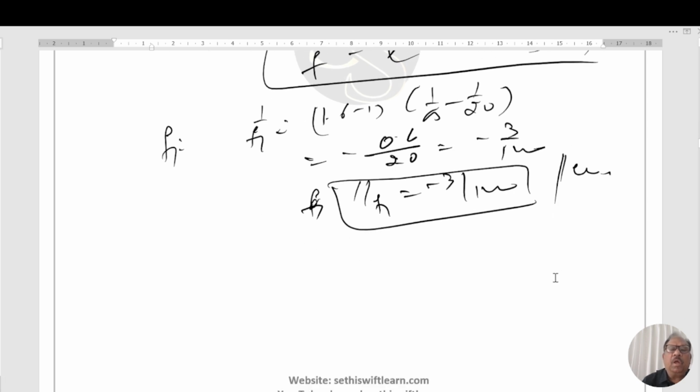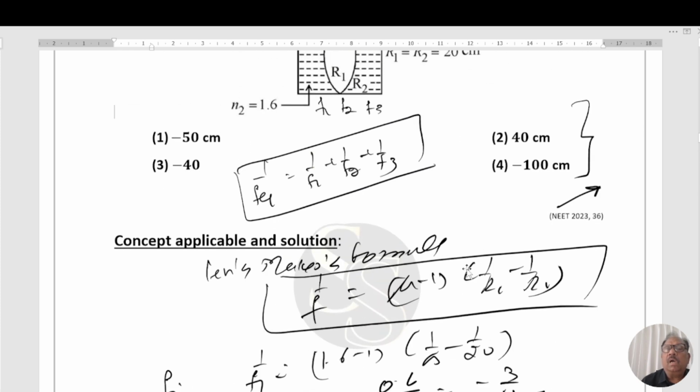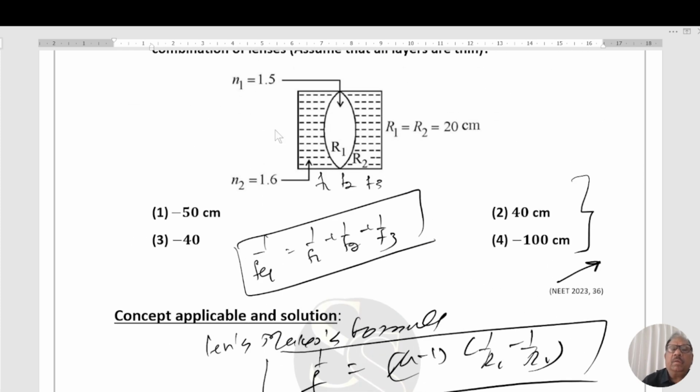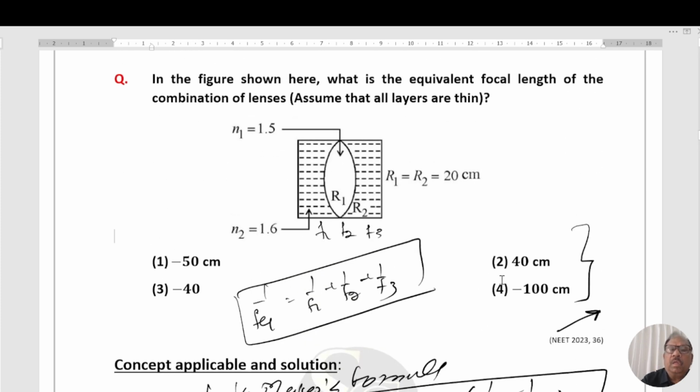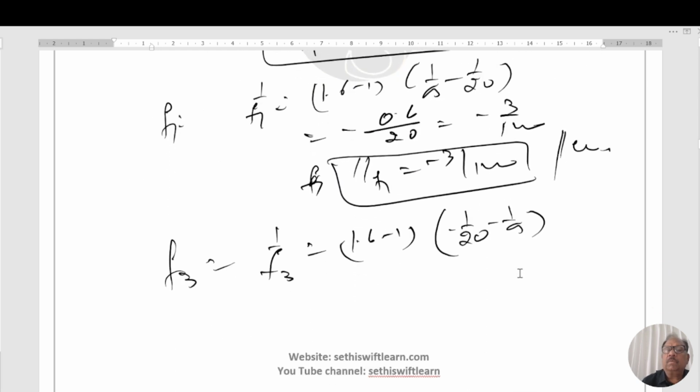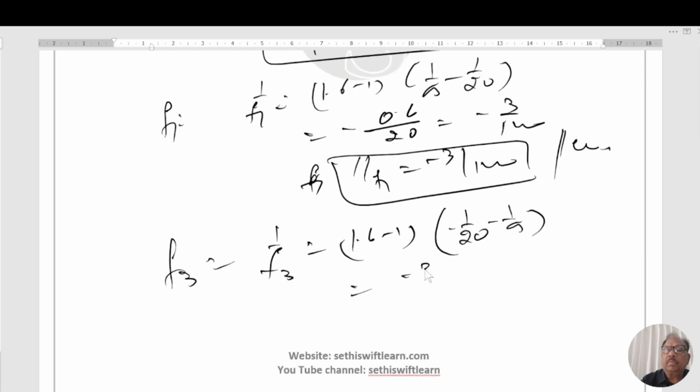Right? Now in f3, 1 by f3 equal to 1.6 minus 1, and this will come out negative, minus 1 by 20 minus 1 by infinity. One surface is plane. So this comes out to be minus 3 by 100 for 1 by f3.